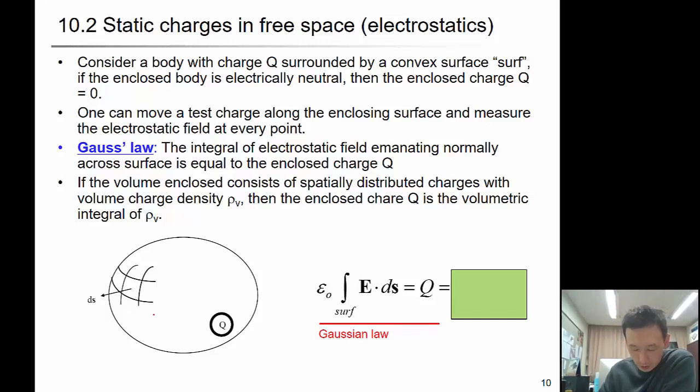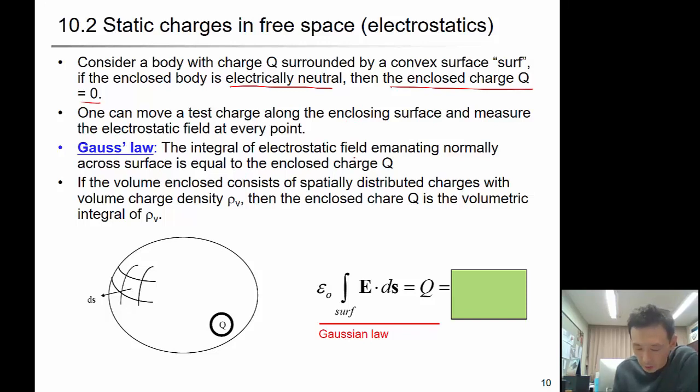So this is the continuation. From there, we're going to derive how the Gaussian law is derived. Consider a body with the charge Q surrounded by a convex surface. If the enclosed body is electrically neutral, then the enclosed charge Q is 0. One can move a test charge along the enclosing surface and measure the electrostatic field at every point.